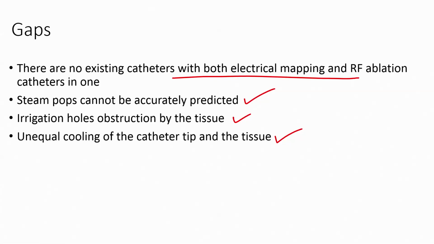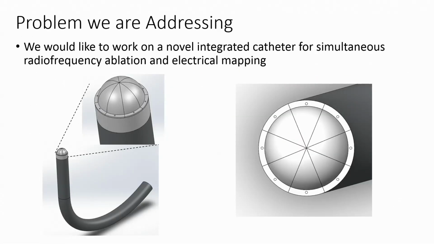Right. First, our catheter should work not only as an electrical mapping catheter but also as an ablation catheter, that is the first choice. So, that means that if I have a catheter that can perform radio frequency ablation and electrical mapping both together, then it is a uniqueness.